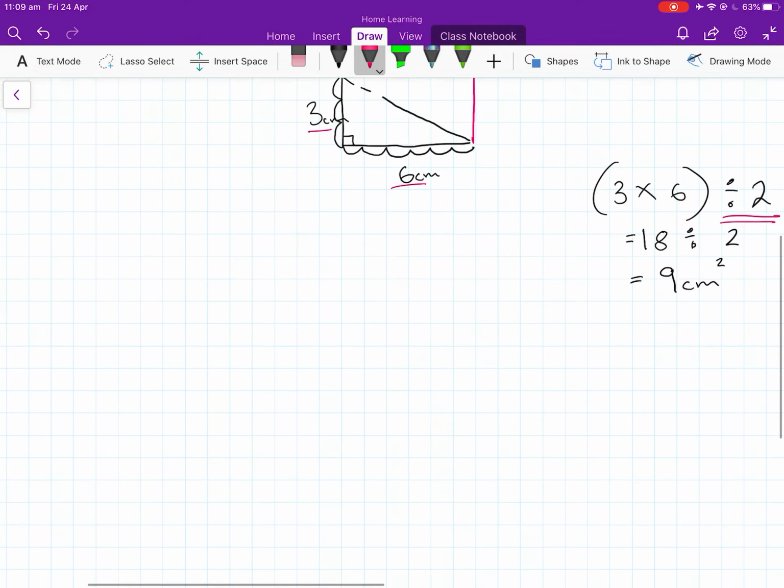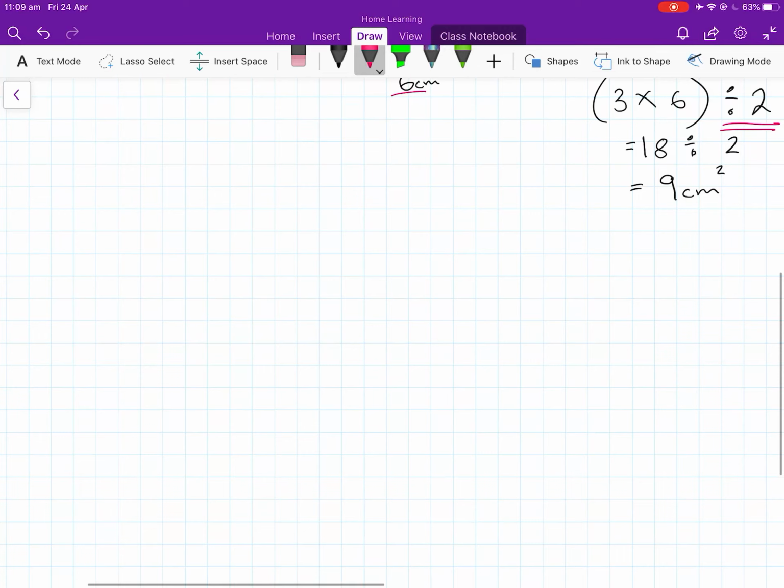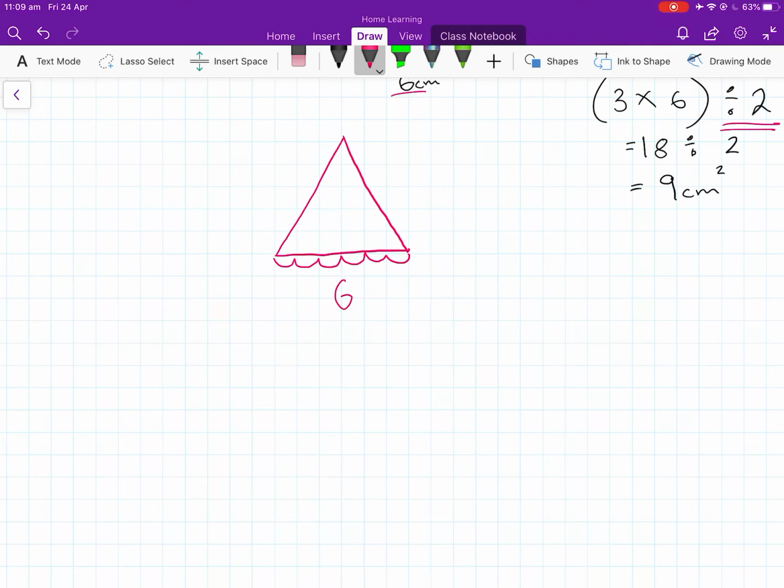Now, the words height and base can be interchangeable because you might come across triangles that are a bit different, like this one. Sorry about my imperfect drawings, but that's okay. So this, for example, down here is my base. So we've got 1, 2, 3, 4, 5, 6. But now I actually don't know where my height is.